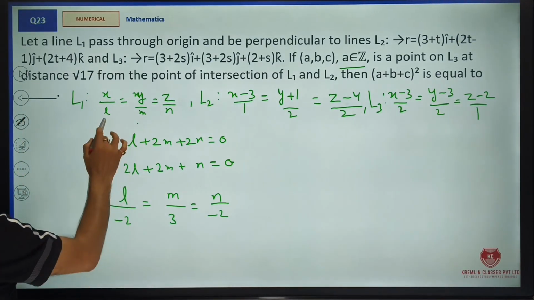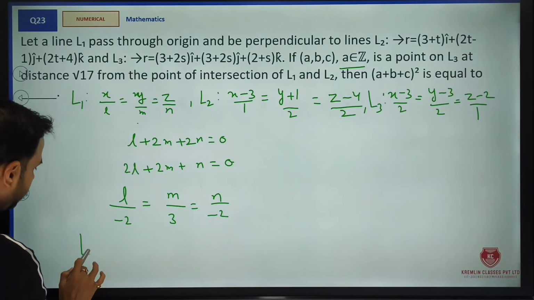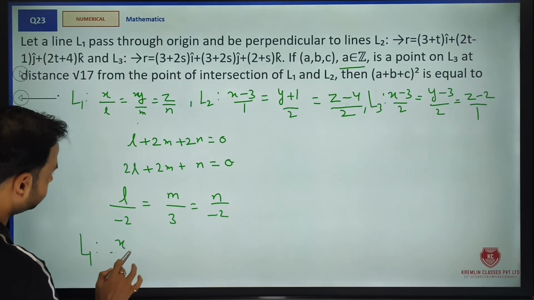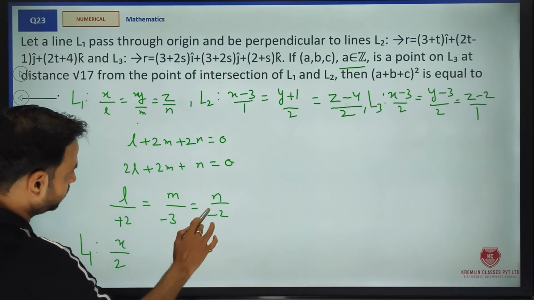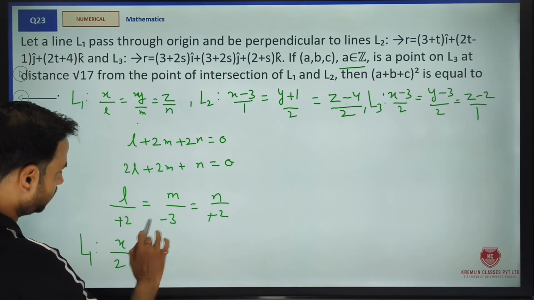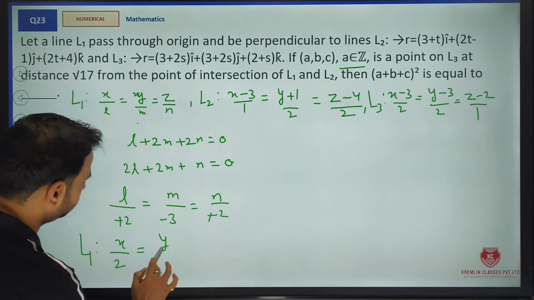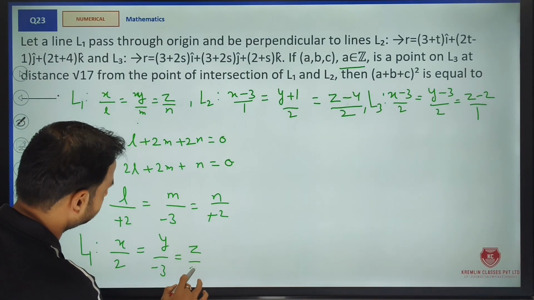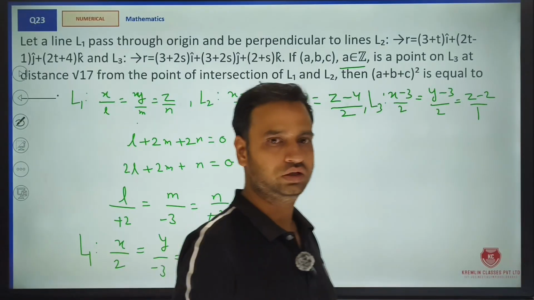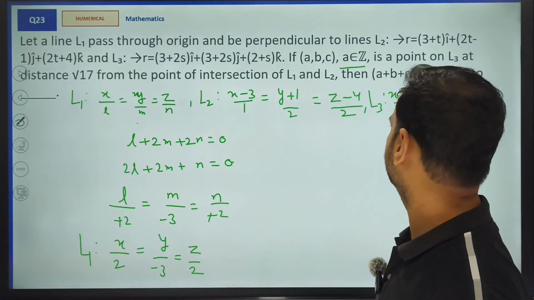So L, m, n are now known to us. So the line L1 is given by x by 2. We can also put minus here, so we can multiply by minus: y by minus 3 equal to z by 2.